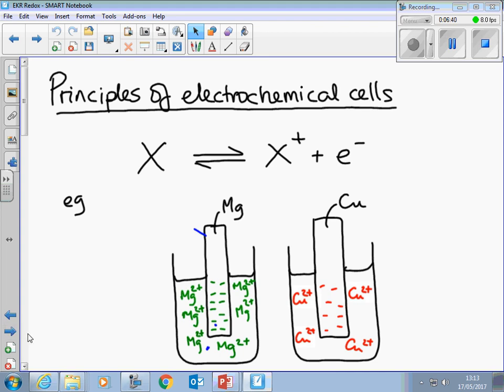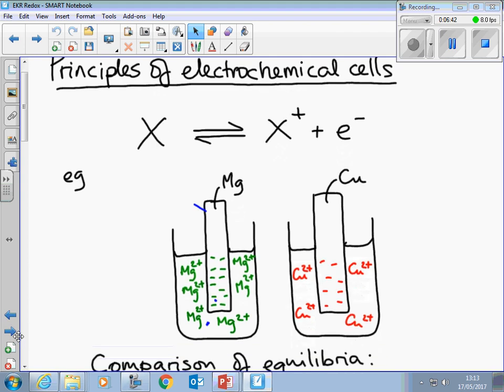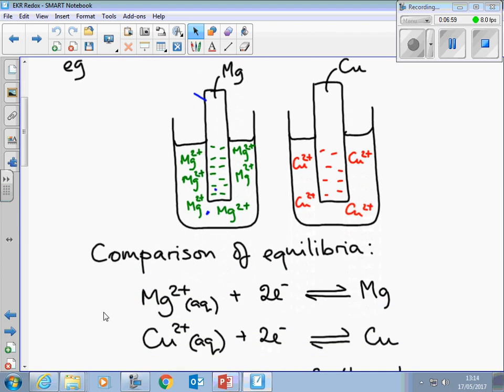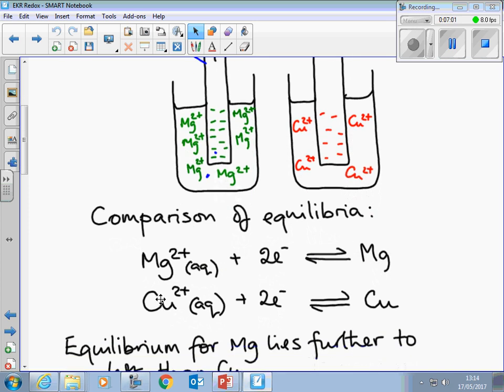The idea of electrochemical cells. We started off with just this idea of sticking a piece of metal into water and the fact that you will get metal becoming ions in the water, leaving electrons behind. And what we were doing here was making this comparison between two metals and this idea of the equilibria again.